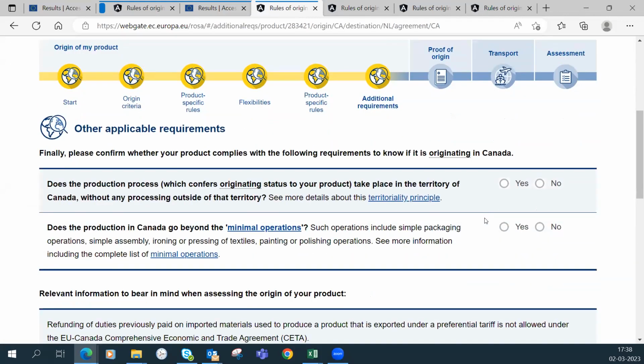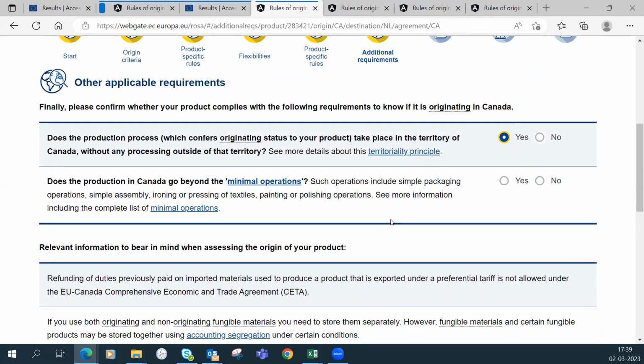You again always have to answer this additional requirement, which is that the processing that confers origin takes place in the territory of the party. You can say yes, all the processing that confers origin was done in Canada. And there is another additional requirement.